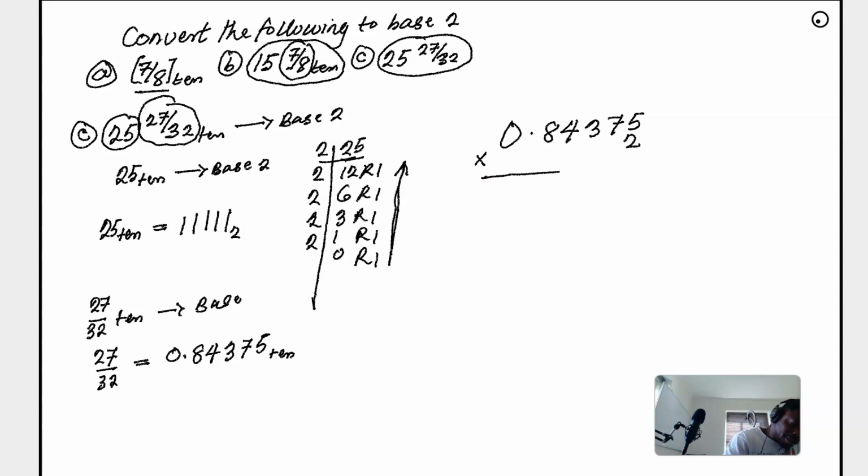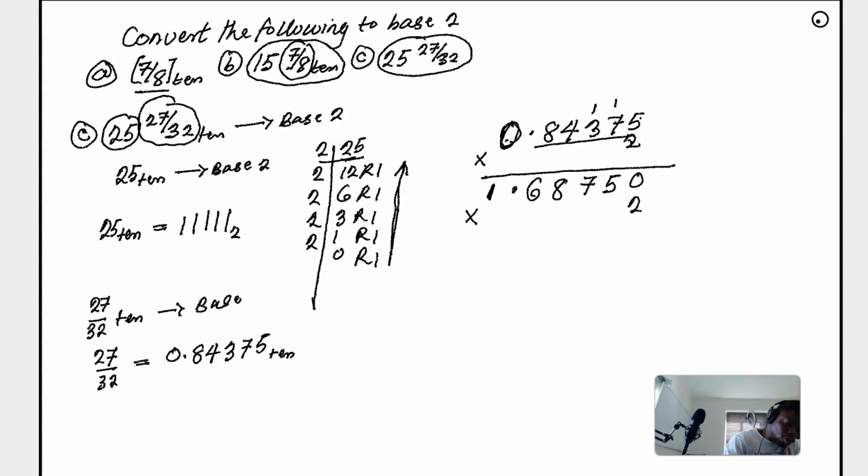You do your normal multiplication, okay? So this with this, 10, remainder 1. This with this, 14 plus 1, 15, remainder 1. 2 times this, 6 plus 1, that is 7. 2 times 4, that is 8. 2 times 8, that is 16, remainder 1. You put 1 here. Remember, you don't multiply this with this because this is the whole number. You only deal with the fractional part. Okay? So let's multiply.